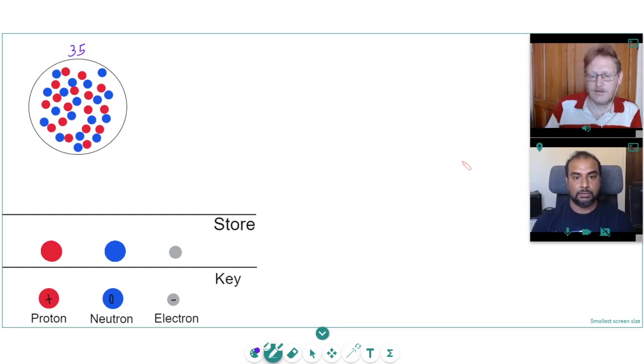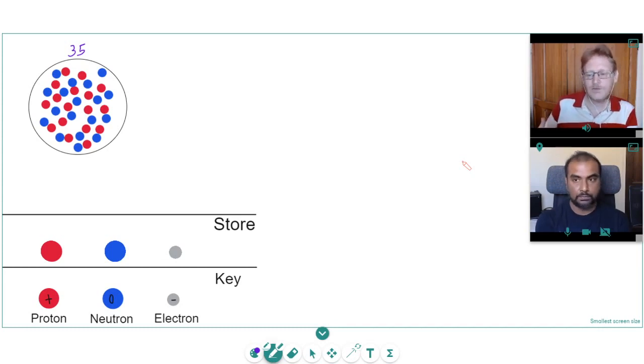Okay, that's great. And we can mention here the definition of an isotope, that it's just got a different number of neutrons in the nucleus. So it's got the same amount of protons in the nucleus, but a different number of neutrons. And we could clearly see that with the chlorine 35 and the chlorine 37 isotope.